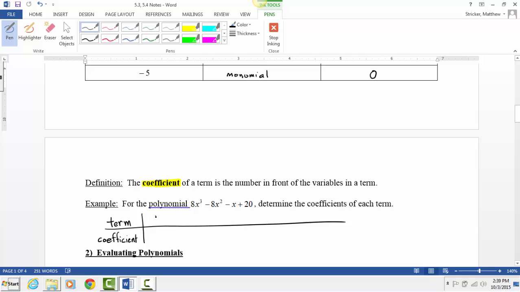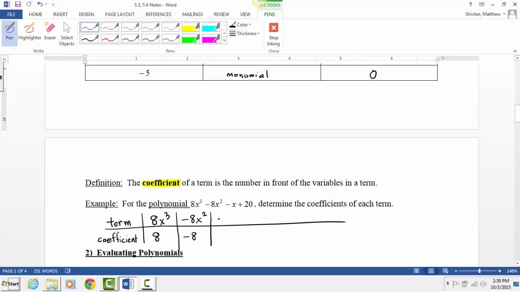So the first term is 8x cubed. The number in front of the x cubed is the 8, so the coefficient is 8. The next term is negative 8x squared, which means the coefficient is negative 8.